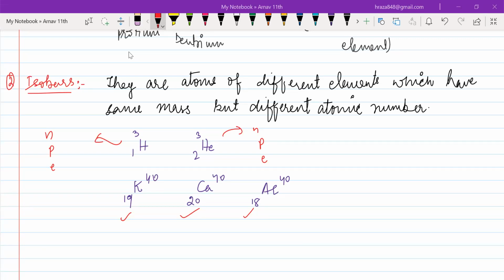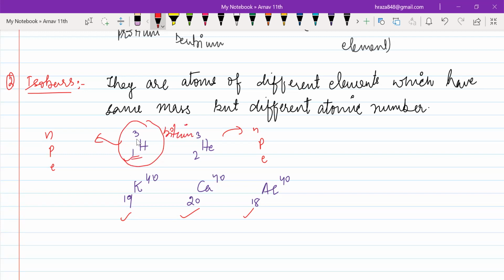Sir, in the hydrogen one, it's zero neutron, one proton, and one electron. How can it be zero neutron here? In hydrogen, that is atomic number 1 and mass number 1. But this is an isotope of hydrogen, that is tritium. How do we recognize it?